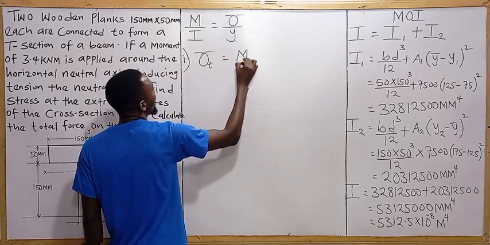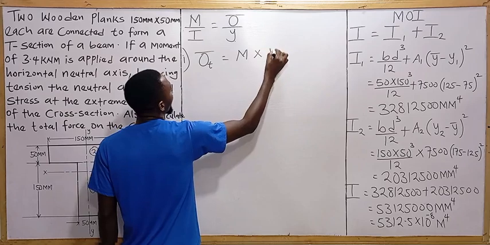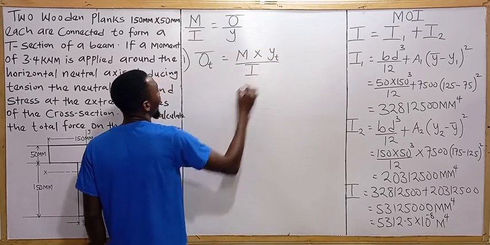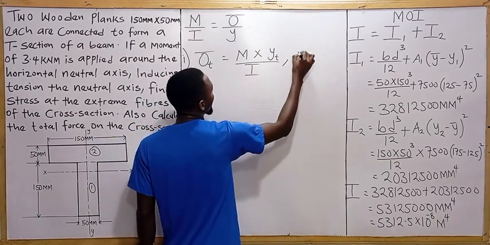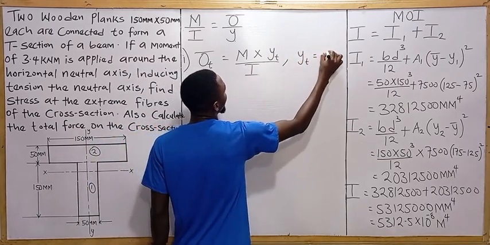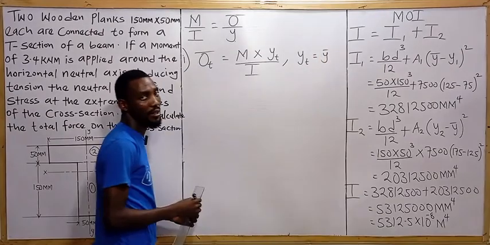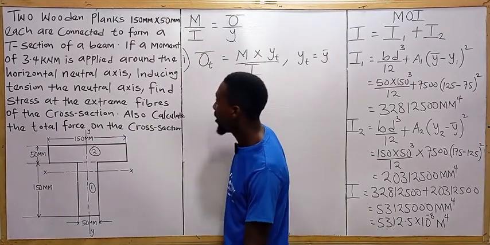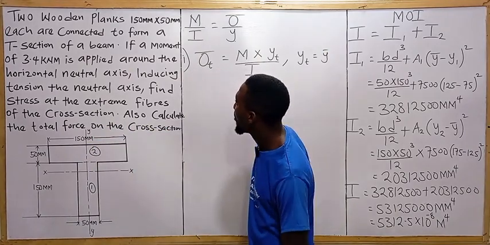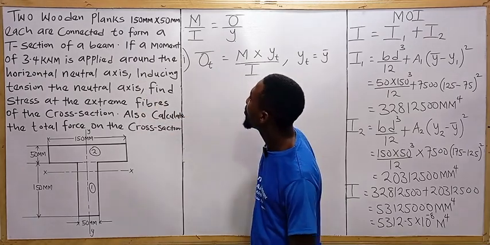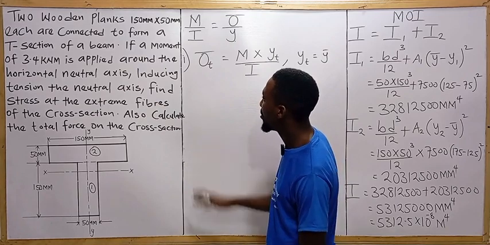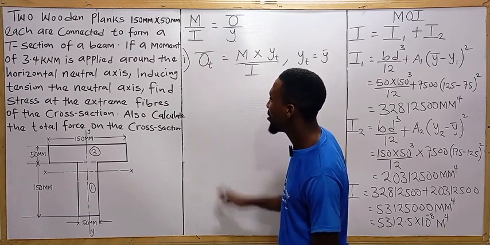It's going to be M multiplied by y subscript t divided by I. But our y subscript t is equal to our y bar.